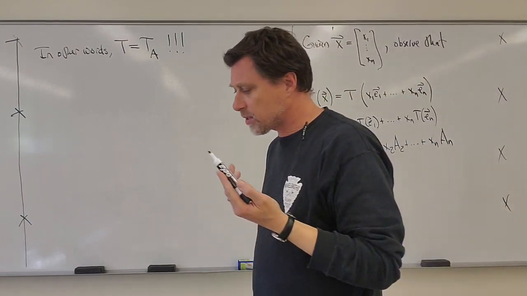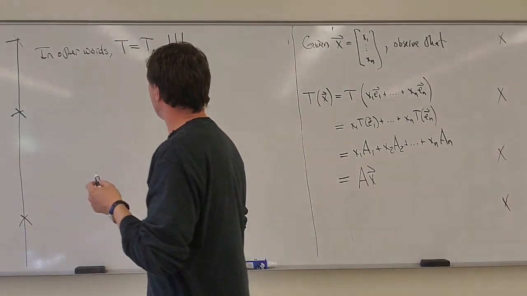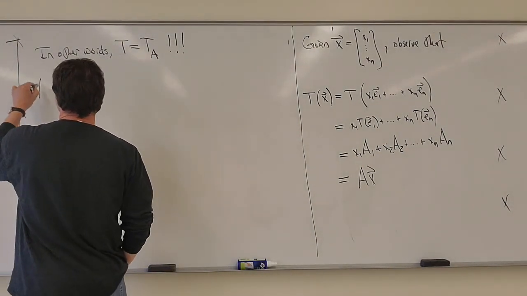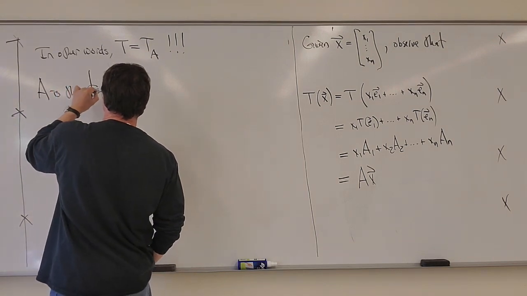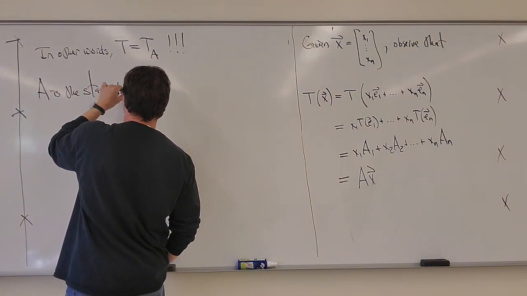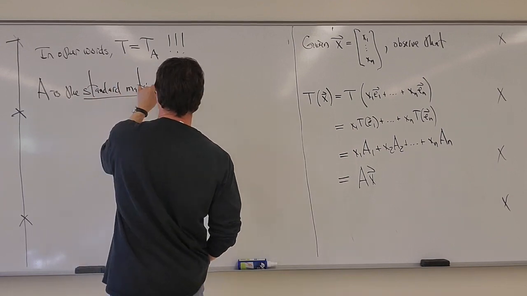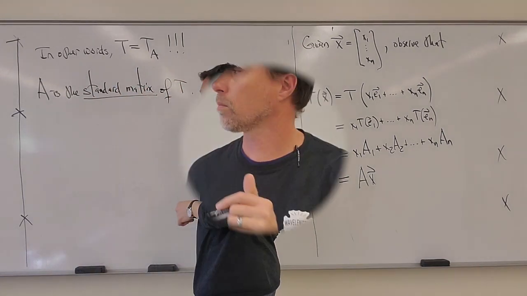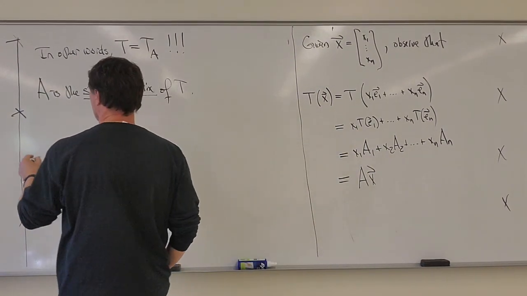In fact, we can state this as a theorem. Let me write a little bit of terminology here. A, capital A, is the standard matrix of capital T. Okay, so now we can state this in a theorem.